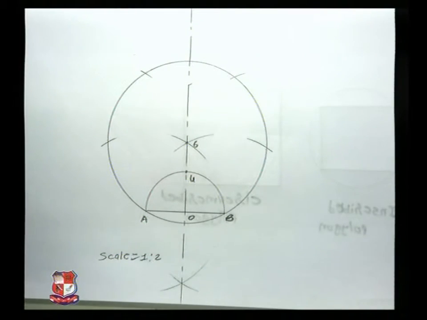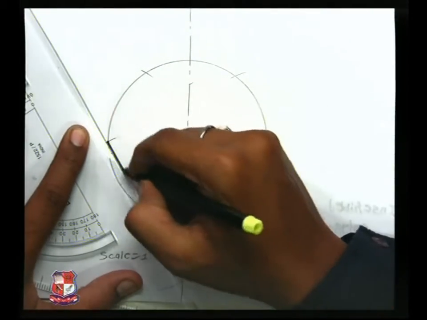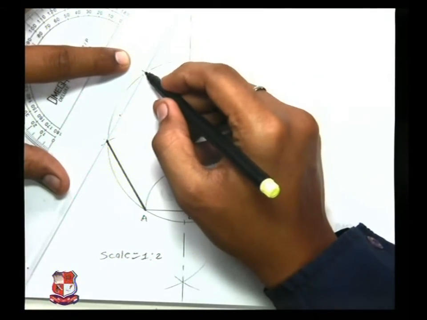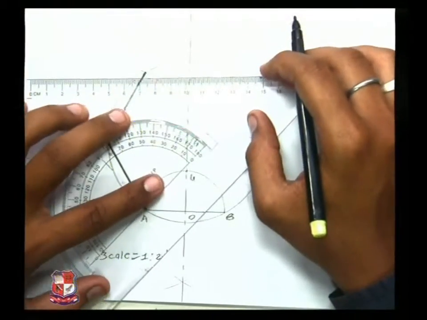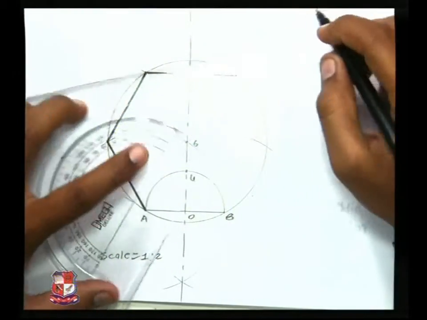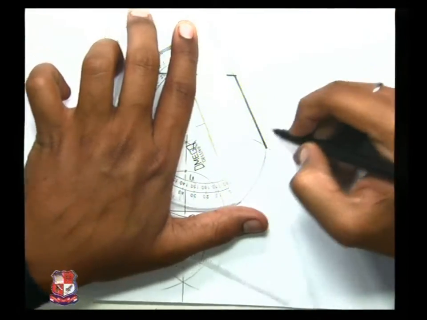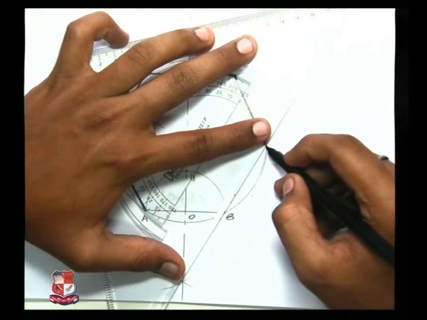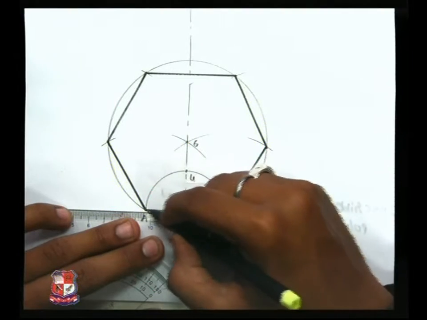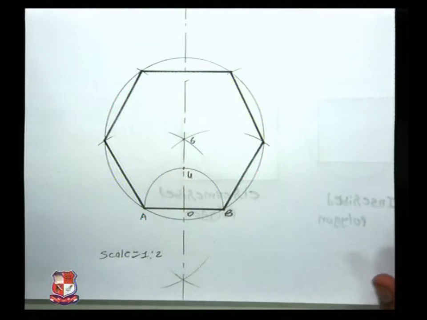Join these arcs in terms of a polygon. Join these arcs in terms of the polygon. We will have a hexagon very much ready.